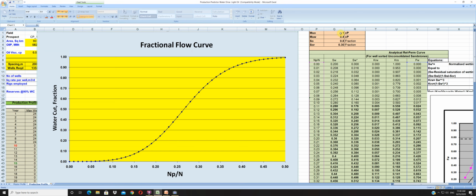Now let me tell you at this instant, there are different types of oils with different compositions, different colors and different viscosities. For a reservoir engineer, it is extremely important to appreciate the term viscosity. Many times I have come across in the industry that oil is being represented by API.